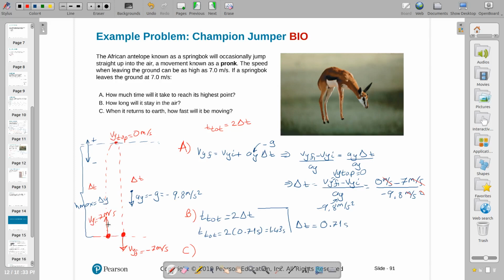So if it started with 7 meters per second on the ground, it will come back to the ground with 7 meters per second in the opposite direction. So Vy final is equal to 7 meters per second down would be the correct answer, or minus 7 meters per second, also a correct answer, because we all know we're taking down as negative in this question.